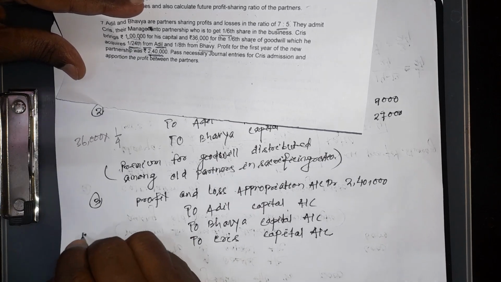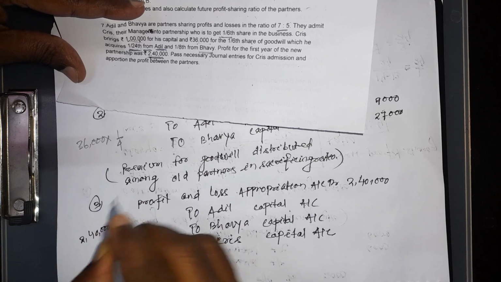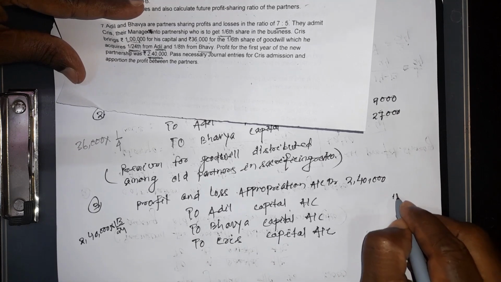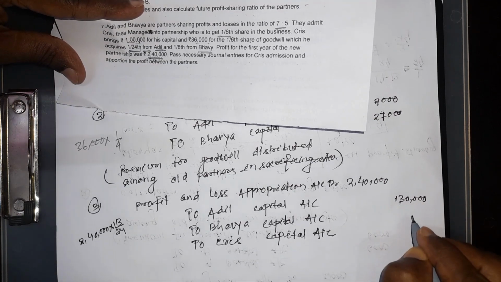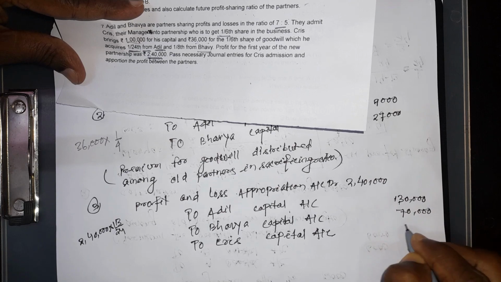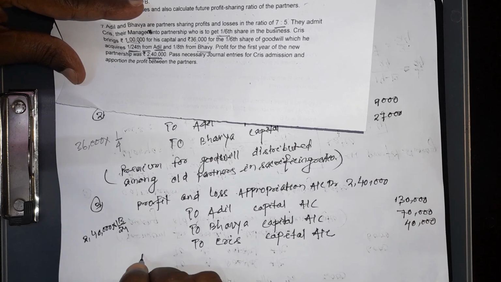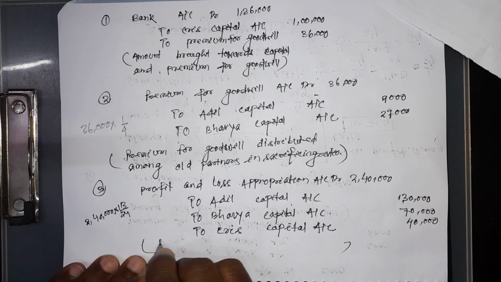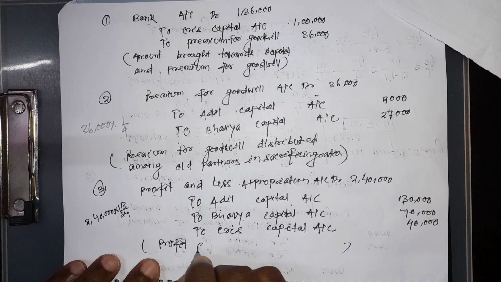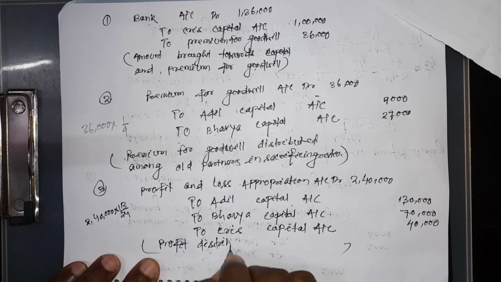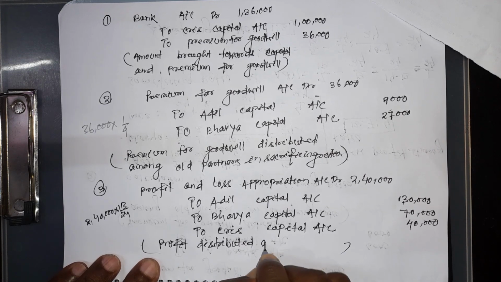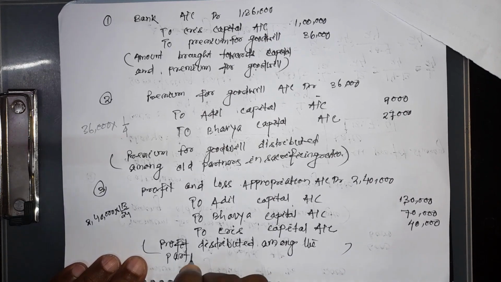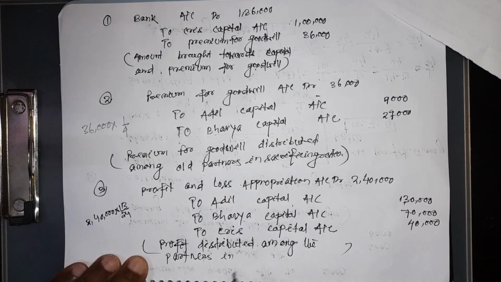2,40,000 into 13/24 will be 1,30,000. Then 70,000, and then 40,000. Then the narration: profit distributed among the partners in the new profit sharing ratio.